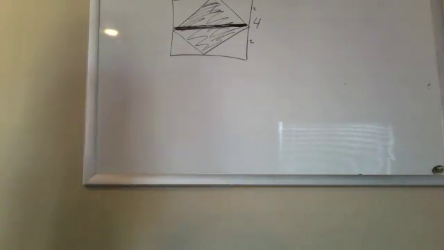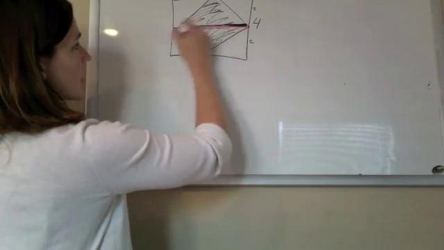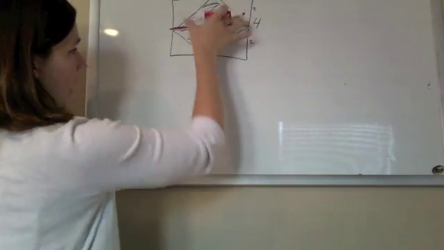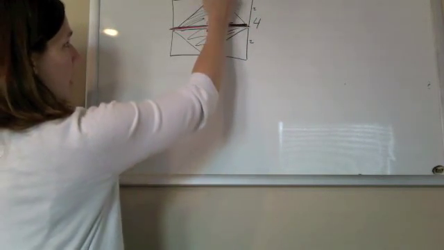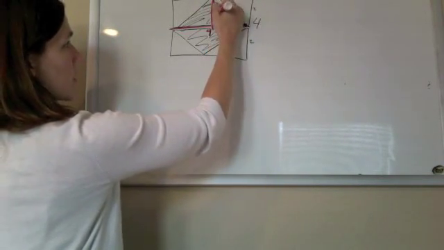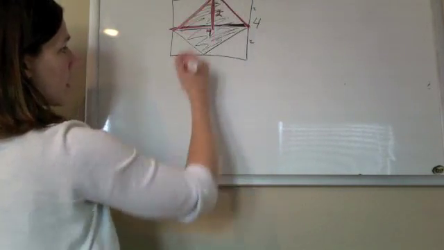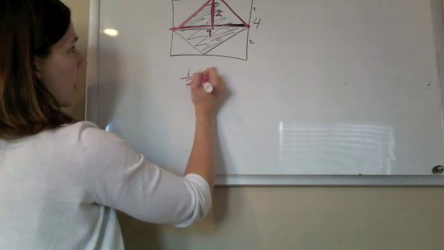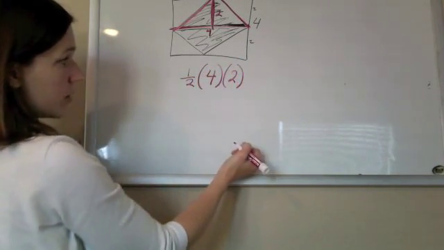So if I look at my triangles, the base, this length here is the whole length of that. That's 4 long. And the height of my triangle, I've said, is 2 long. So the area of this top triangle is going to be 1/2 base is 4 times height is 2.